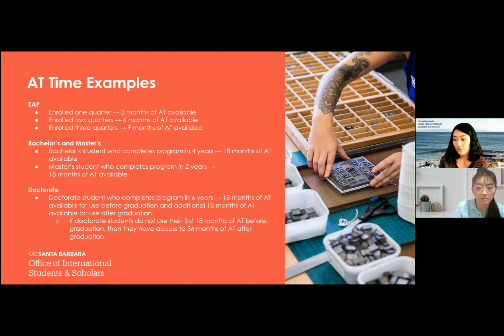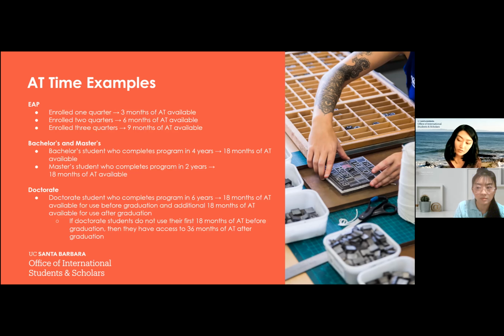Now, the doctorate students. Let's say you complete your program in 6 years. You can have up to 18 months of academic training to use before your graduation date, and then the additional 18 months after you graduate, which could be a total of 36 months.